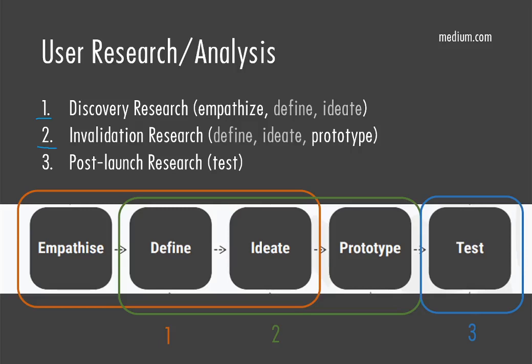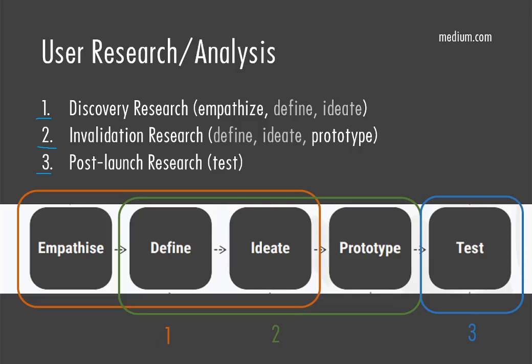Secondly, validation research. That is confirming your ideas, your sketches and prototypes, with real people. And then the final one, post-launch research, after you upload your product for the public to see and use, you see what the actual users do with your website.